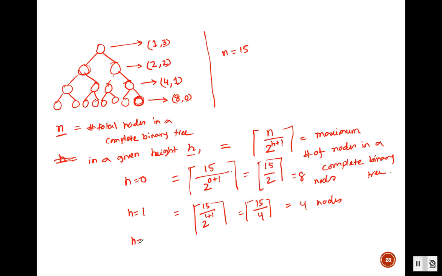With height 2 we can have 15 divided by 2 to the power 2 plus 1, which is 2 to the power 3, so 15 by 8 equals 2 nodes. And with height 3 we can have 15 divided by 2 to the power 4, which is 16, so 1 node at best.